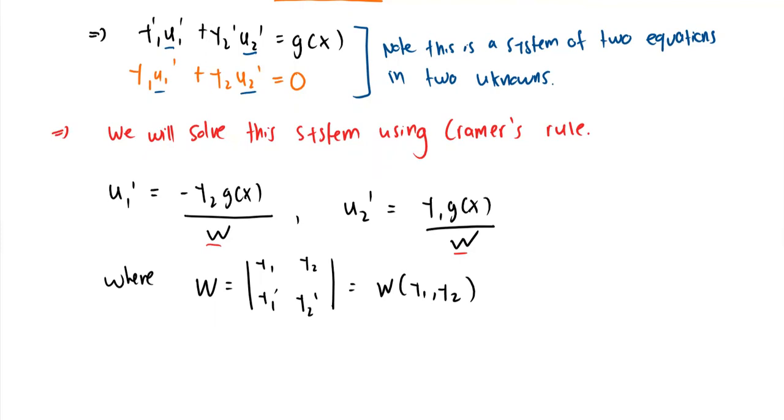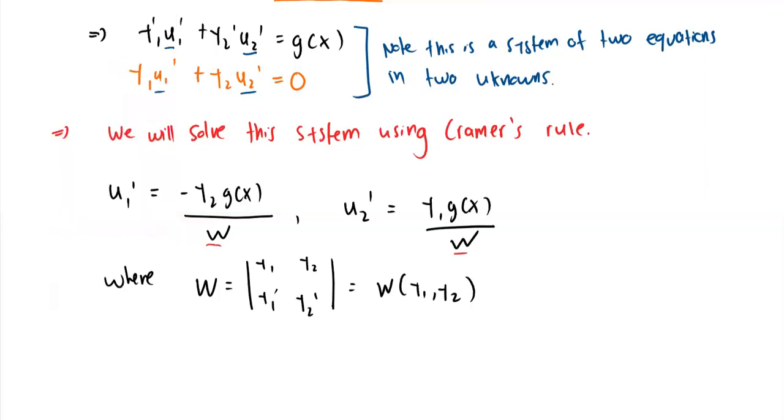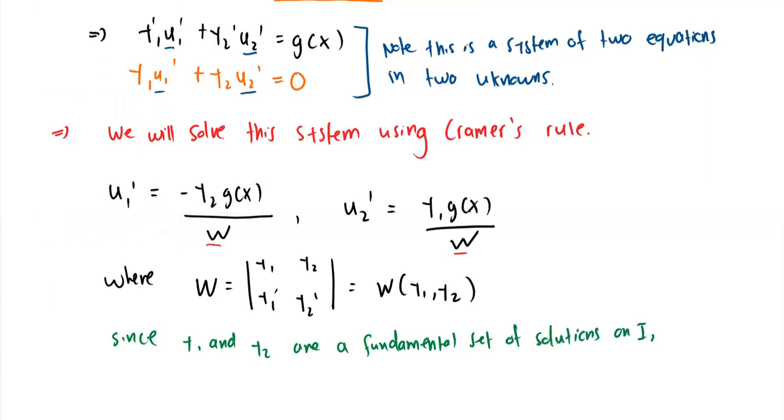However, we know it's not 0 on the interval I. Remember that this is the general solution, and the complementary solution works in some interval I. Since y1 and y2 are a fundamental set of solutions, they're linearly independent on I. Remember, that means that the Wronskian is not equal to 0 on I, which implies this is not equal to 0 on I. So we're good. We're not dividing by 0.